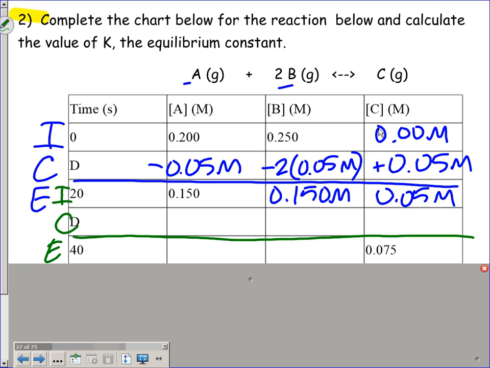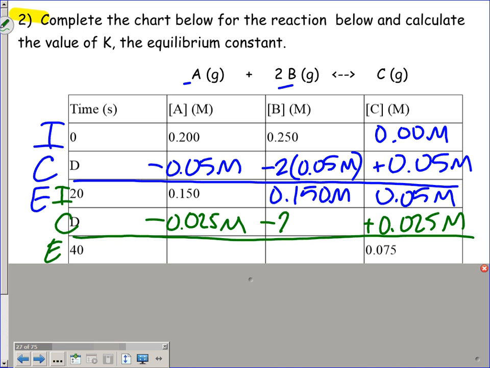Notice I give you a point of information down here. I have already added something here. What did I add? So add 0.025 molar. Yes. Subtract what over here? So this is going to be the 1-to-1, right? So A is subtract 0.025 molar, and B is subtract 0.05.